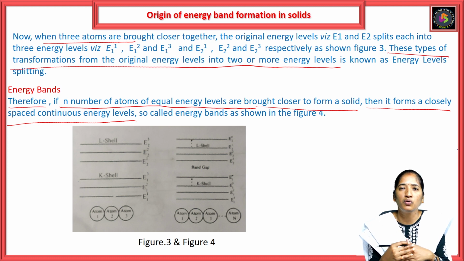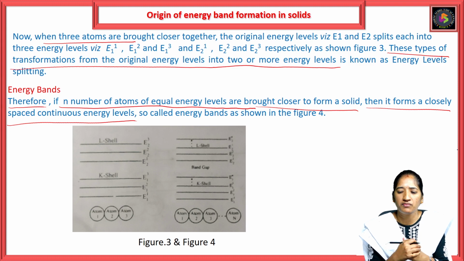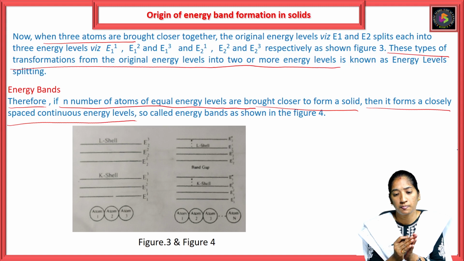If you consider n number of atoms brought close together, they form closely spaced, continuous energy levels, and that forms a band, the energy band.